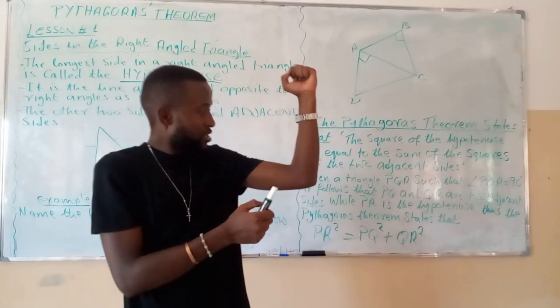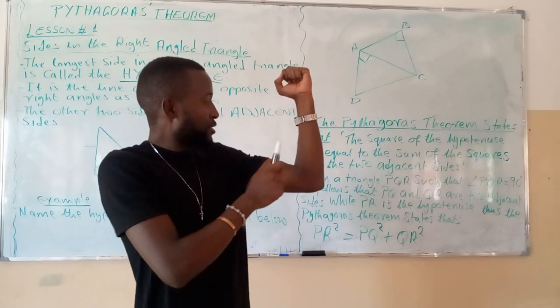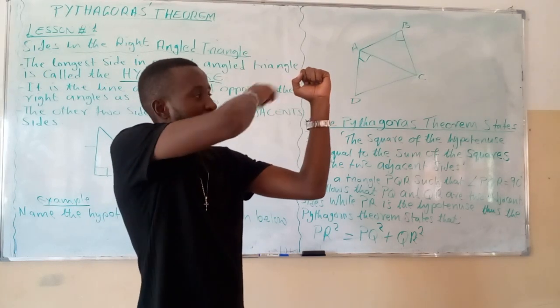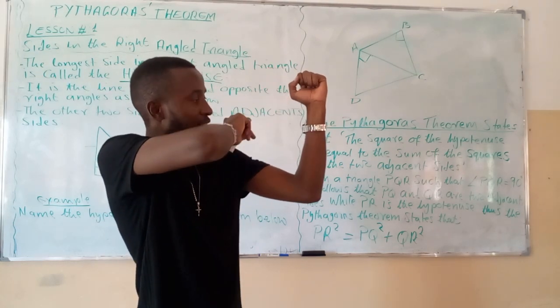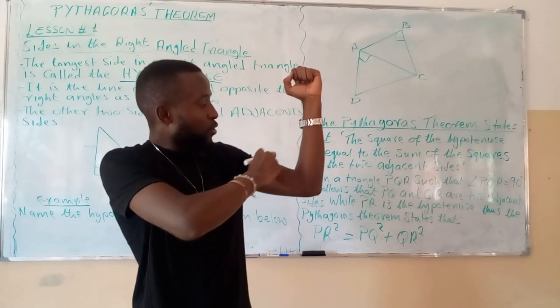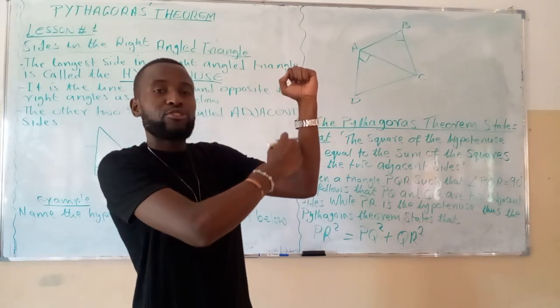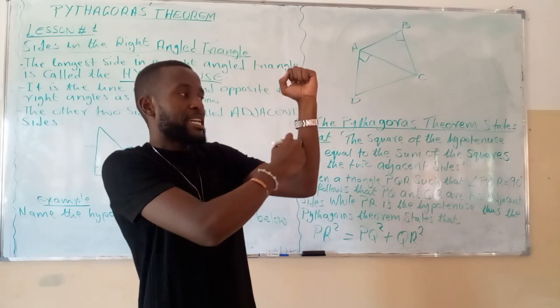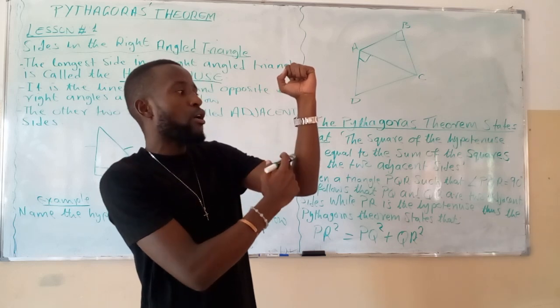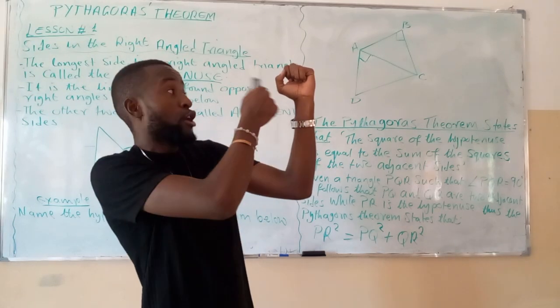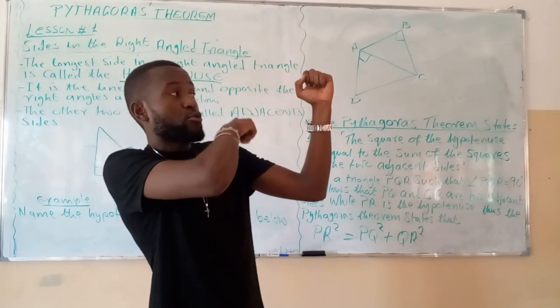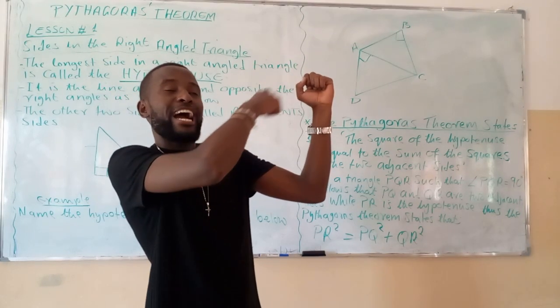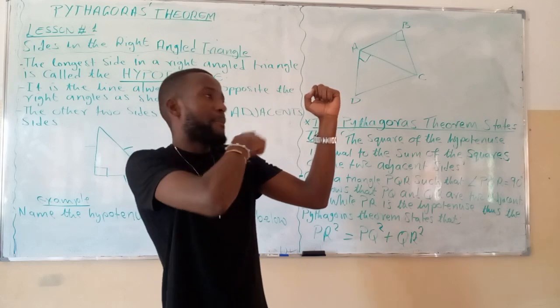If I formulate a triangle here which touches this length, this angle which is here is the right angle. Now this angle here is always opposite to the hypotenuse. So this distance from here to here is what we call the hypotenuse. That is what they are talking about.